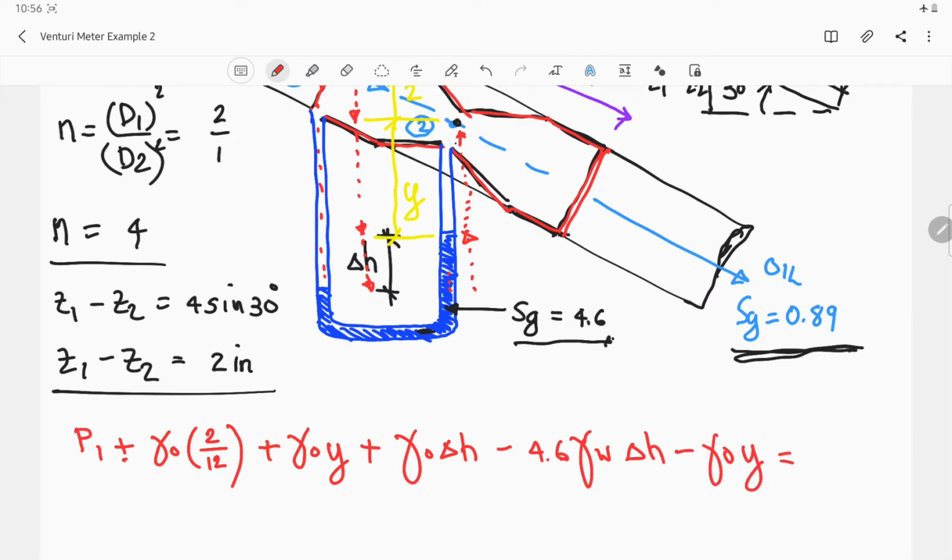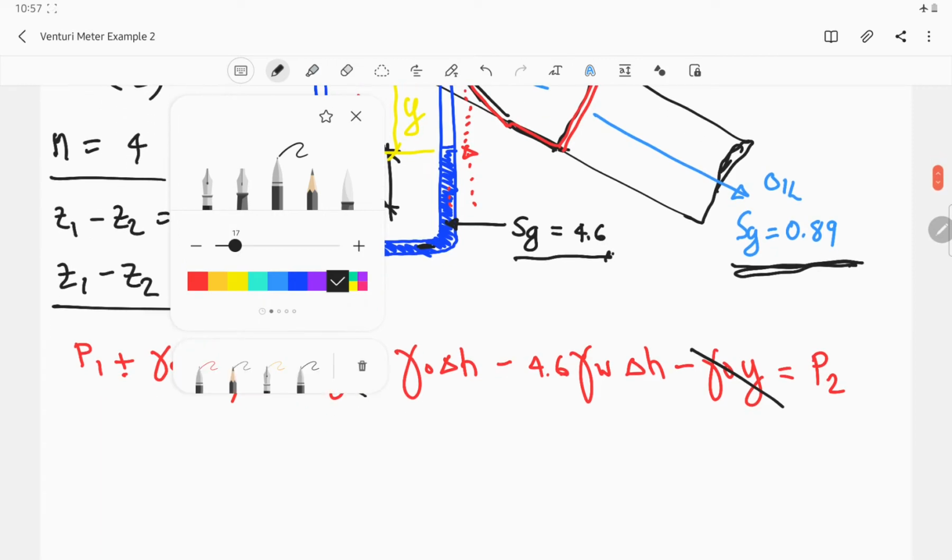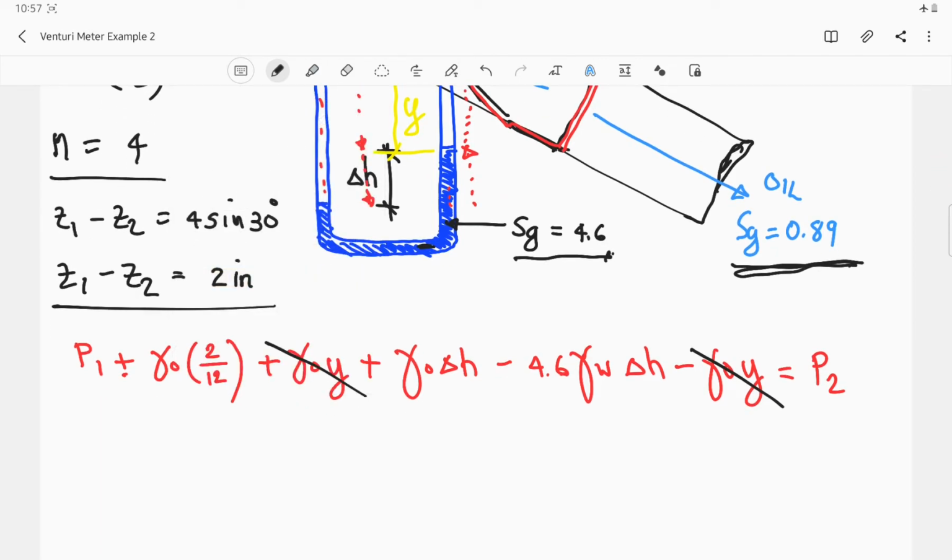That would be equal to P2. So we can cancel out plus and minus gamma of oil times y. What remains is the gamma of oil and the delta H.